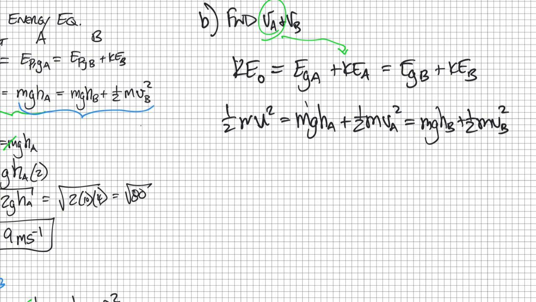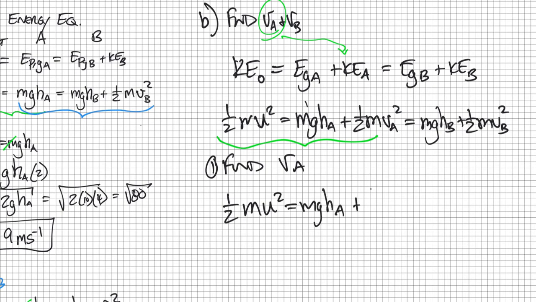So to find VA, I'm going to use this one. Again, I'm going to do it without any numbers first because we can get rid of things. Our masses go away, so it doesn't matter what the mass is. And then we're left with 1/2 u squared.